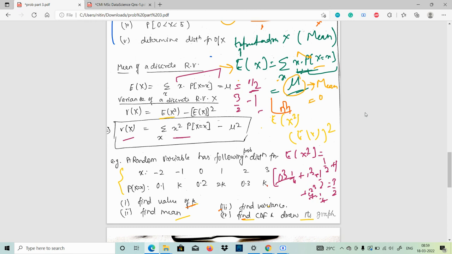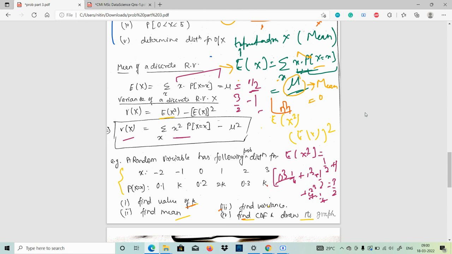There are a lot of questions to be practiced. Obviously Gupta Kapoor is the most important book you can opt for to practice these types of problems. Generally, in discrete distributions you'll find many problems related to throwing a dice or something similar.